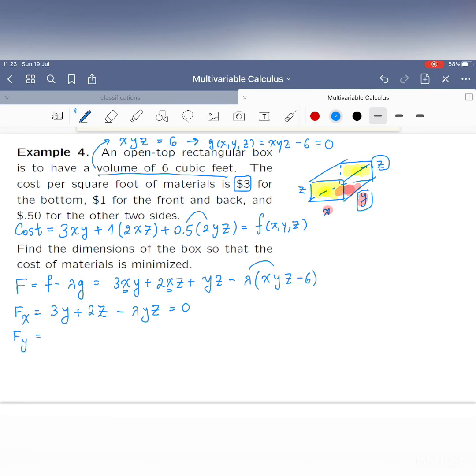F sub y will be 3x plus z minus lambda xz, make it equals to 0 as well. F sub z is the 2x, and there is a y, minus lambda xy. And of course F sub lambda is negative xyz minus 6 equals to 0.